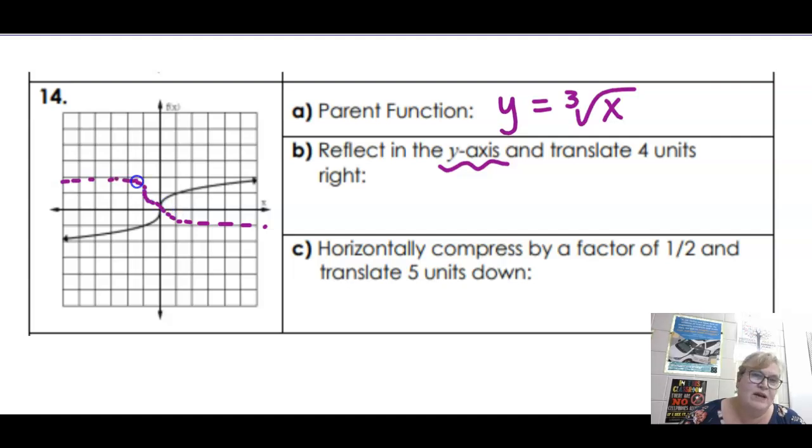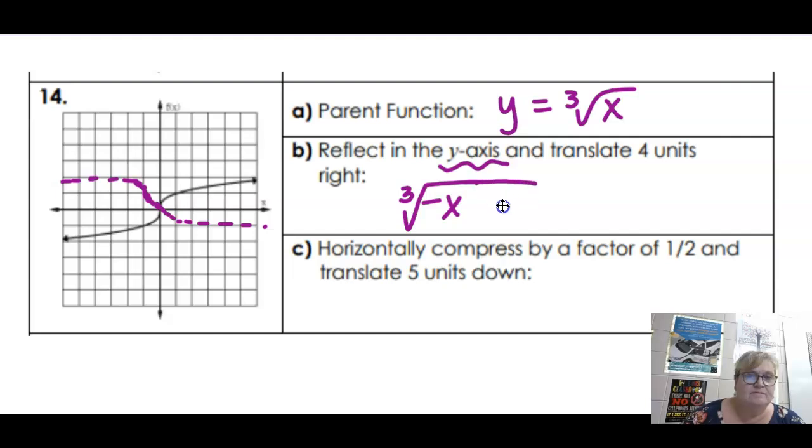This is one that it wouldn't matter which axis we reflected it over, it's going to be the same difference because it has origin symmetry already. So the reflection in the y-axis actually means inside, but it wouldn't matter for the graph purposes if we put it on the outside. Then translate 4 units to the right.